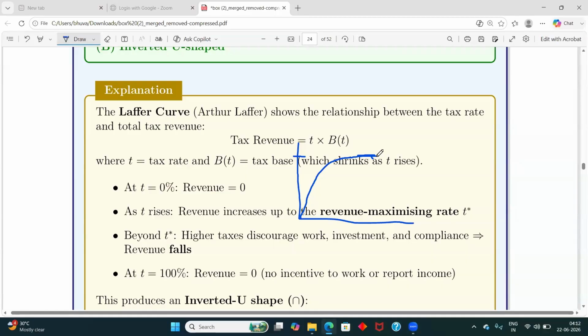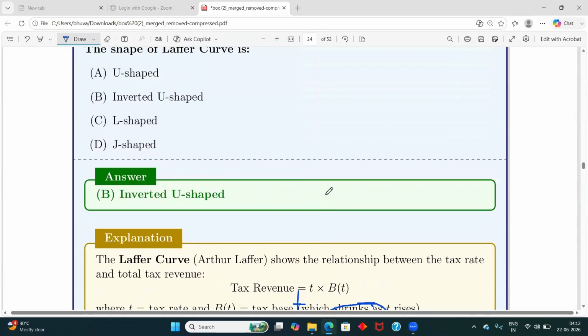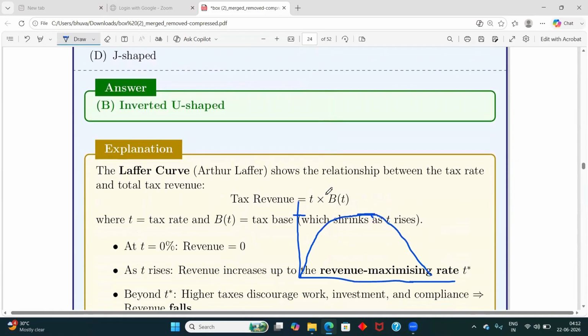After this, if we increase the tax, then the revenue will decrease. So it is like this. So the correct answer is option B, inverted U-shape. The Laffer curve shows the relation between tax rate and total tax revenue.